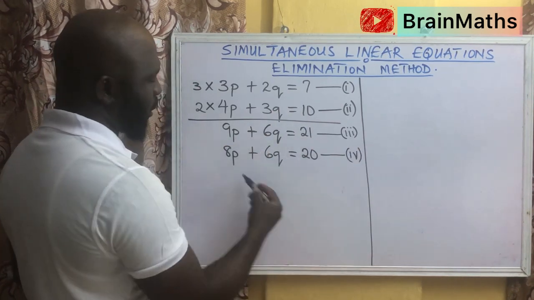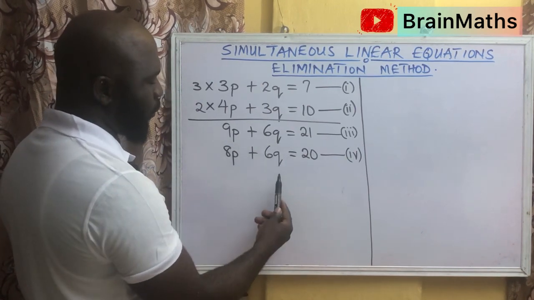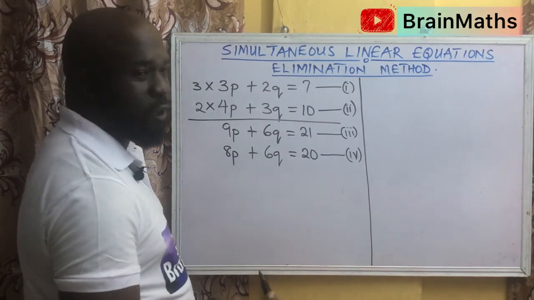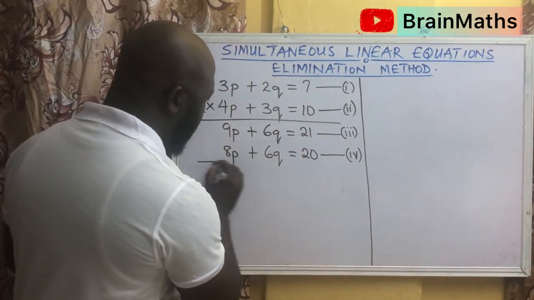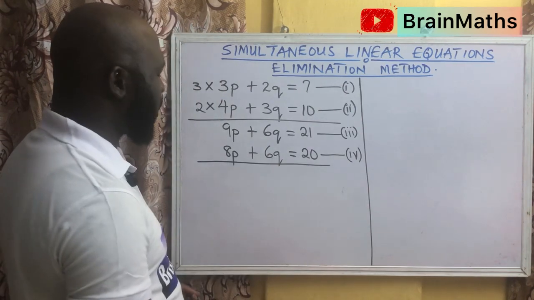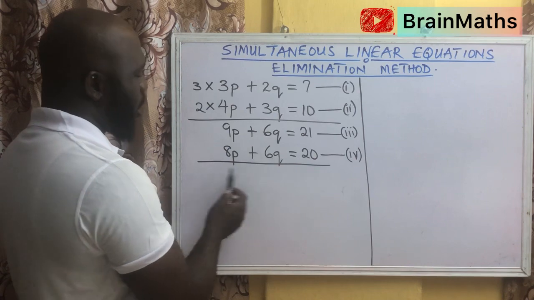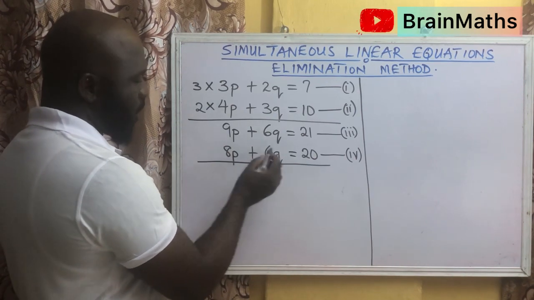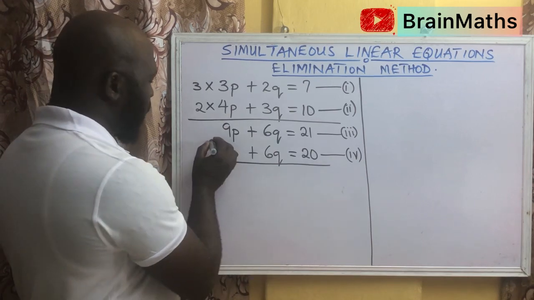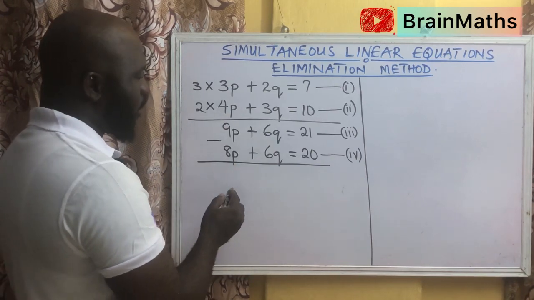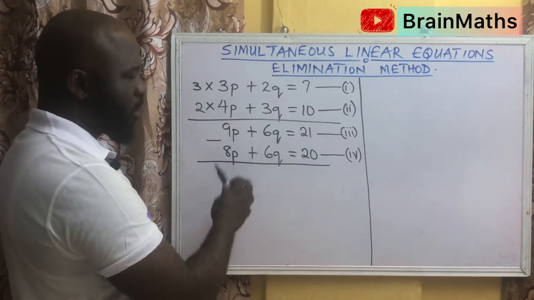Now, if you look at these equations, we have seen that the coefficients of q are now uniform. So it is easy for us to eliminate q. So which sign are we using to eliminate q is the next question. So we have a positive here and a positive here. If we put positive, then these two will become plus 12. But if we introduce a negative sign, we are only concerned with q. Whatever happens to the other ones remains.